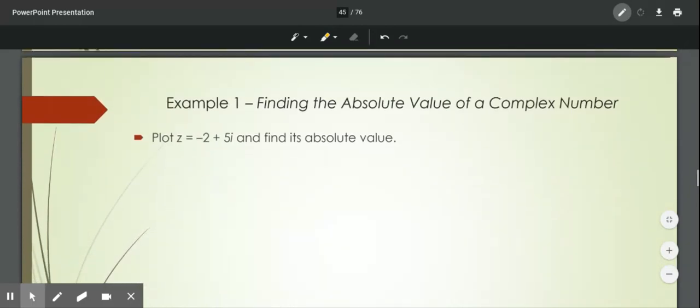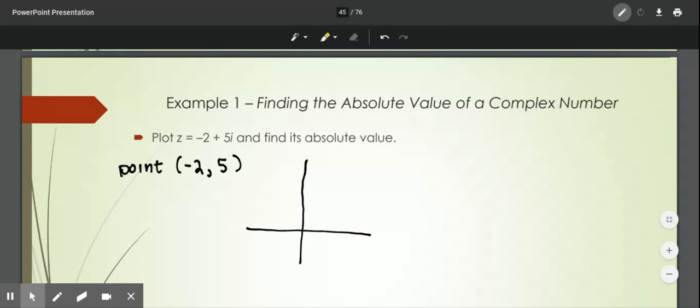All right, so in this example, it says find the absolute value of a complex number, and we have the complex number negative 2 plus 5i. So really what we're plotting is the point negative 2, 5. So if you were to graph that point, and it's just a point, it's not a line or a line segment.